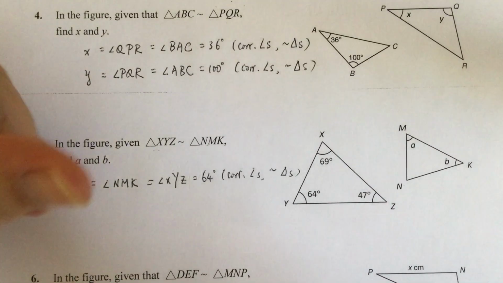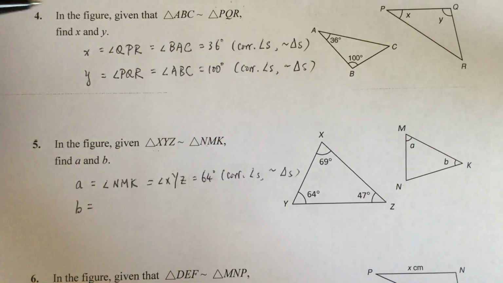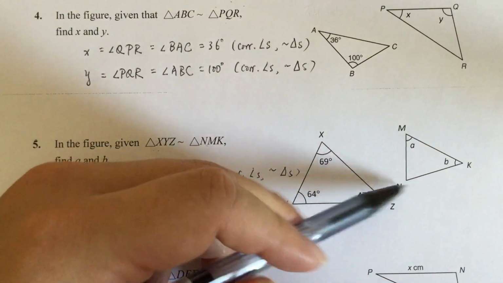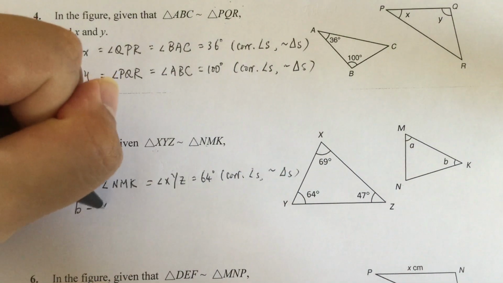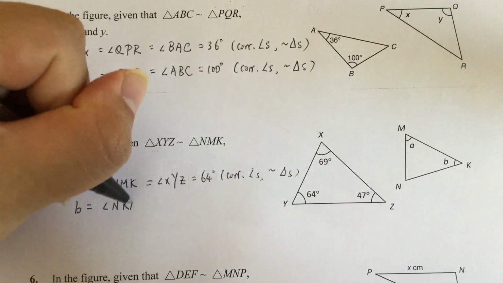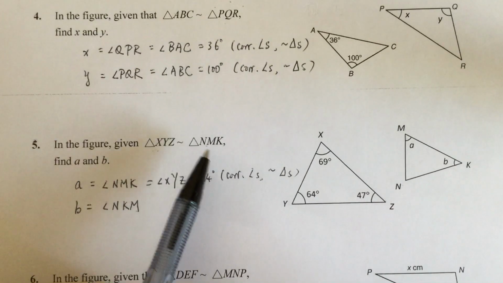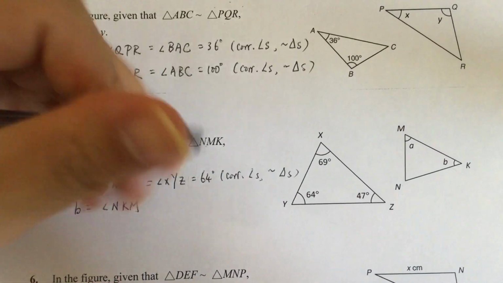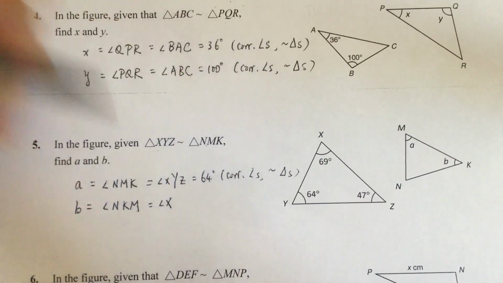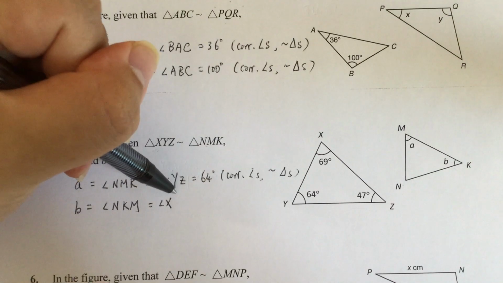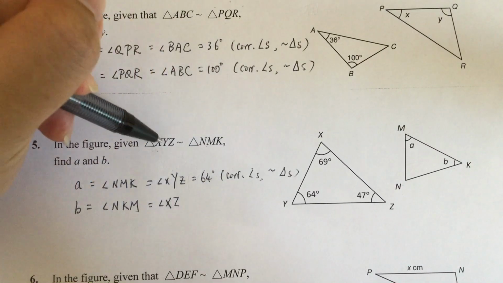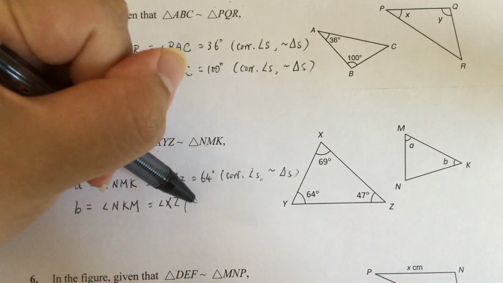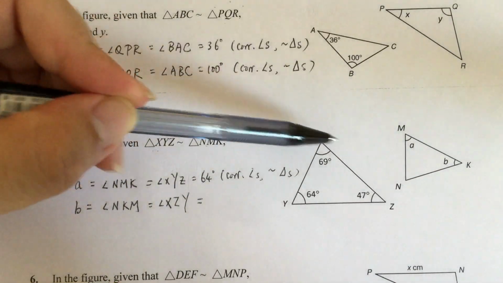And B, let me write down the angle first. For B, that one is angle NKM. So you will see this one is the first one, the third one, and the second one. So this time, the first one is angle X, and then the third one is Z, and the second is Y. So that is angle XZY.